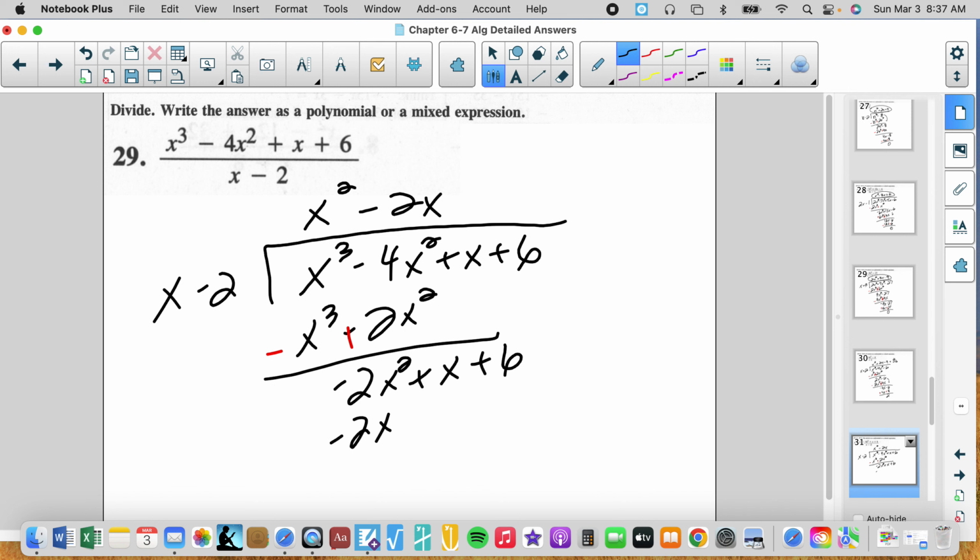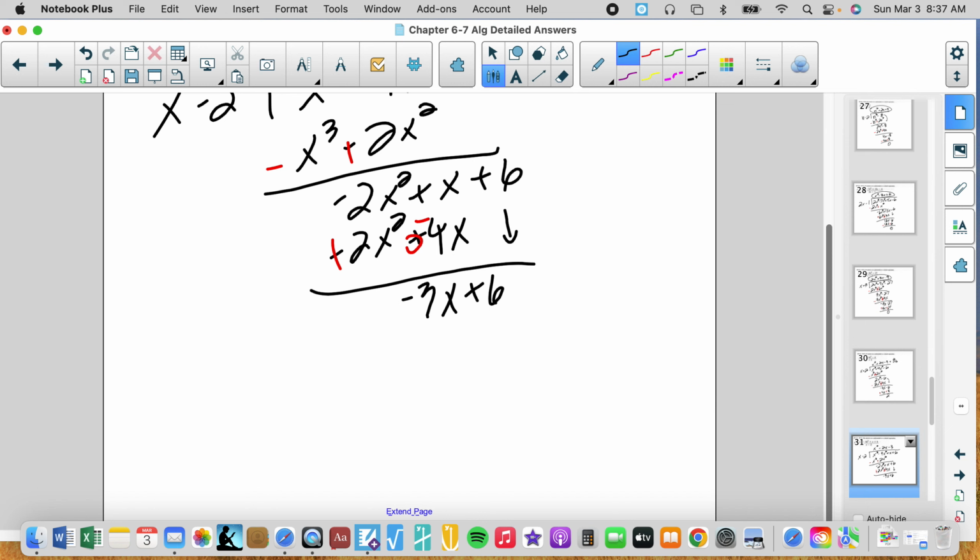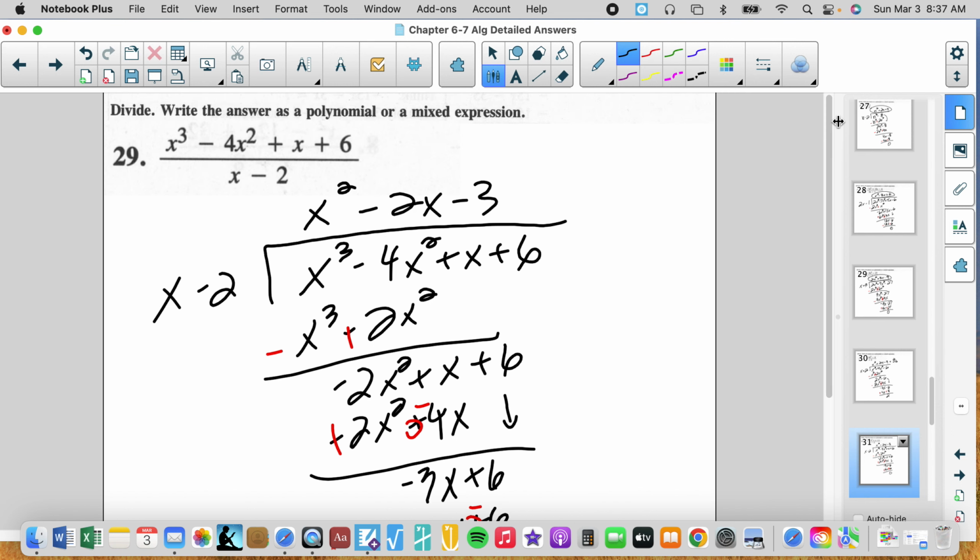You get negative 2x squared plus 4x. Flip those signs. Negative 3x plus 6. Multiply by a negative 3. And we get negative 3x plus 6. Change those signs. Gives me 0. And it worked out nice and clean.